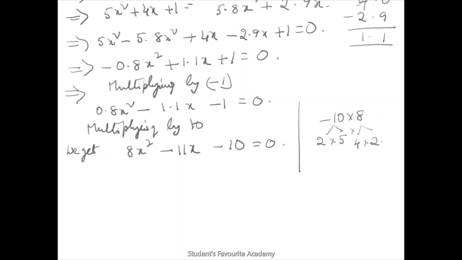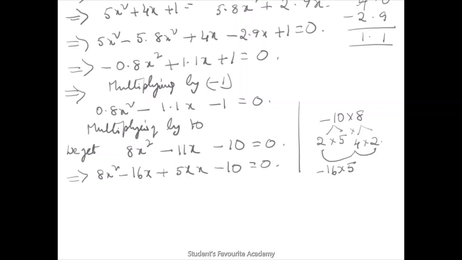We want 11, so 8 twos are 16, 16 into 5, but we must get minus 11, so minus 16 plus 5. So this implies 8x square minus 16x plus 5x minus 10 is equal to 0.